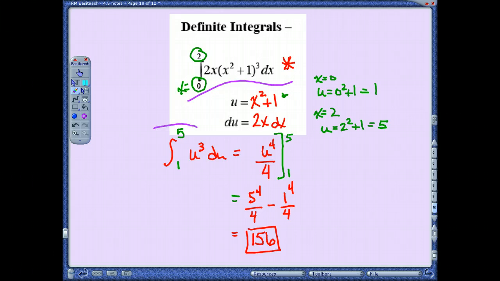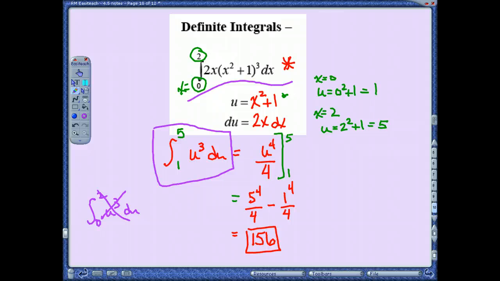And they'll be giving you something that looks like this. And their biggest trick is to see if you'll fall for this guy. The u's been substituted, but the limit values haven't.